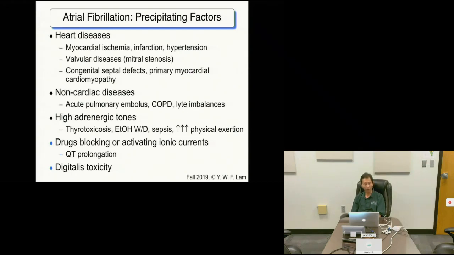But digitalis toxicity can cause any type of arrhythmia, and atrial fibrillation is one of them. So the essence of this slide is that you need to take care of the precipitating factors, regardless of whether they are medical or pharmacological causes, before we can optimally manage a patient with atrial fibrillation.